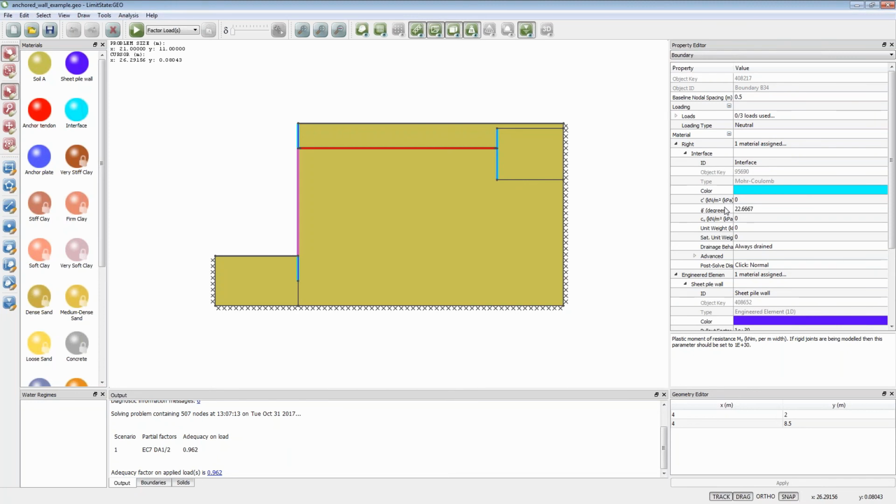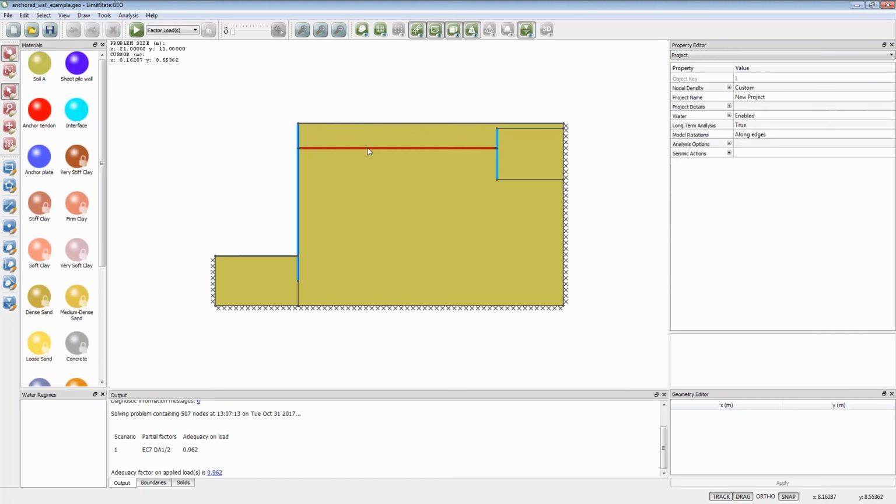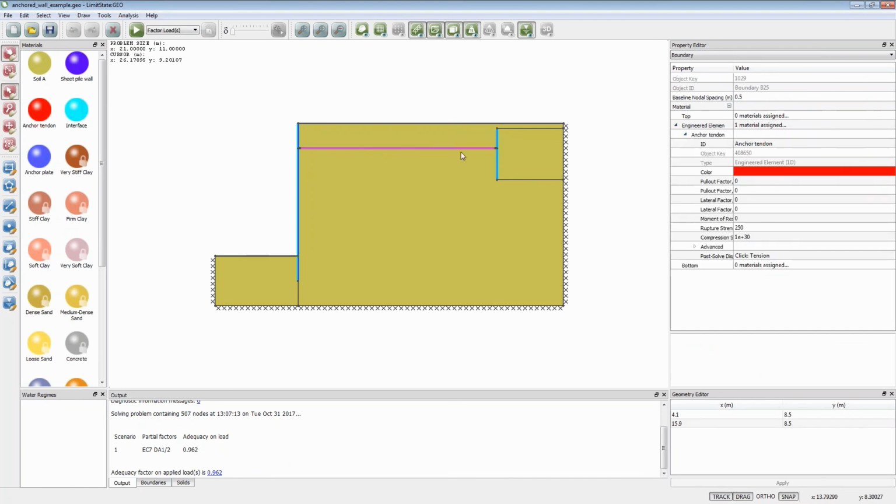So that's the wall-soil interface friction angle, and in this case I defined it as 22.66 degrees, which should be 2/3 of the angle of friction in the soil. In fact, it's slightly bigger than that in that case. The anchor tendon is also constructed from an engineered element, and any engineered element that contacts another element transmits its forces to that element correctly.